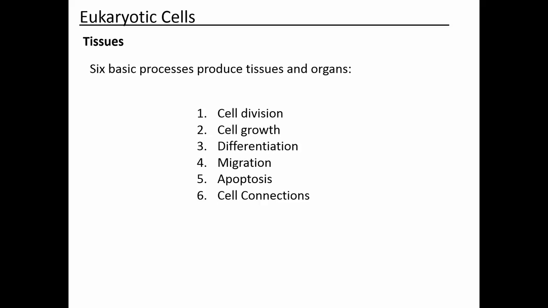Another process that is important is called apoptosis. And apoptosis is a form of what's called programmed cell death. So this is actually a pathway that a cell can activate, or there's a signal that activates it. So the cell could itself activate this pathway, or there could be an extracellular signal that tells the cell to activate this pathway.